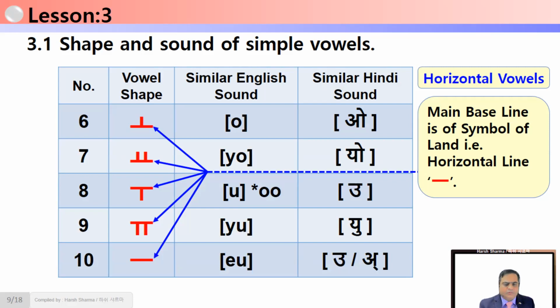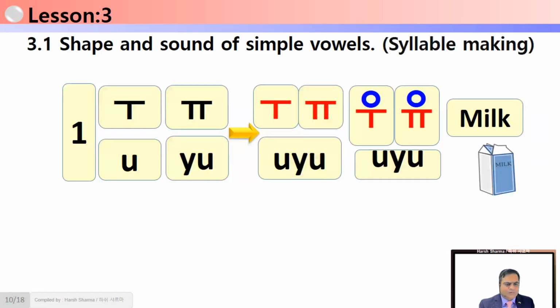But why do we need to categorize these vowels like this? See here. Number 1, you can see there are 2 vowels written in the yellow color box.